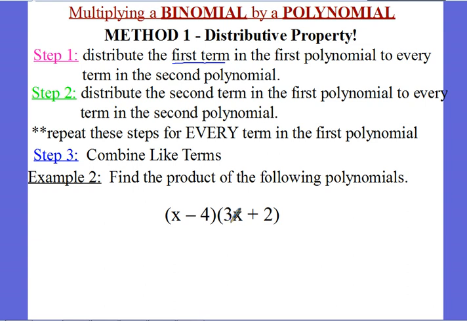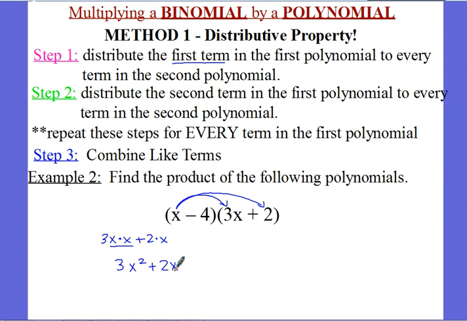We've got x minus 4 times 3x plus 2. The first term in the first polynomial is x, so we're going to distribute that to both terms in the second. So we've got 3x times x plus 2 times x. When we simplify that using powers by powers, we've got 3x squared plus 2x.